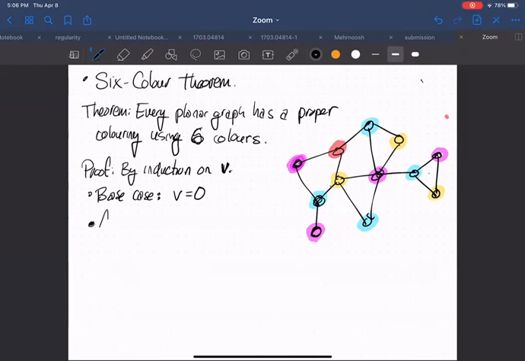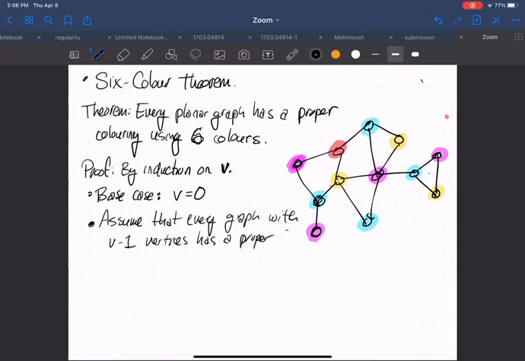So now assume that every graph with v minus 1 vertices has a proper six coloring.